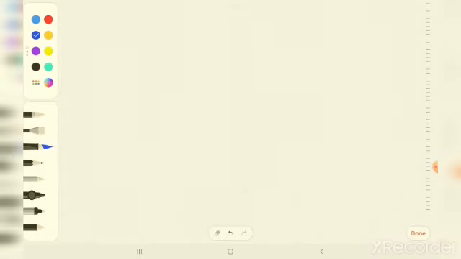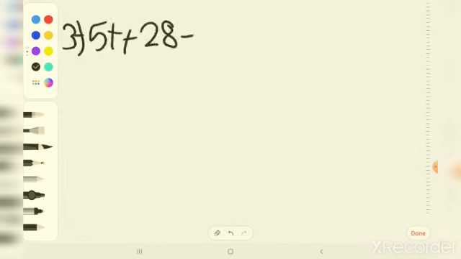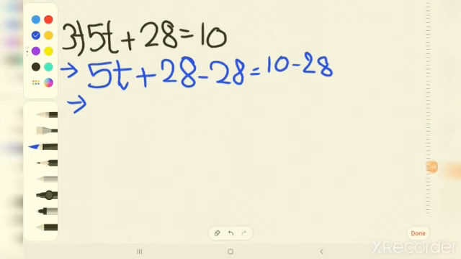The third question is 5t plus 28 equals 10. Try this sum by yourself. You can pause the video. I have done the first step of solving equations. Now the second step is to solve it. 5t equals 10 minus 28.